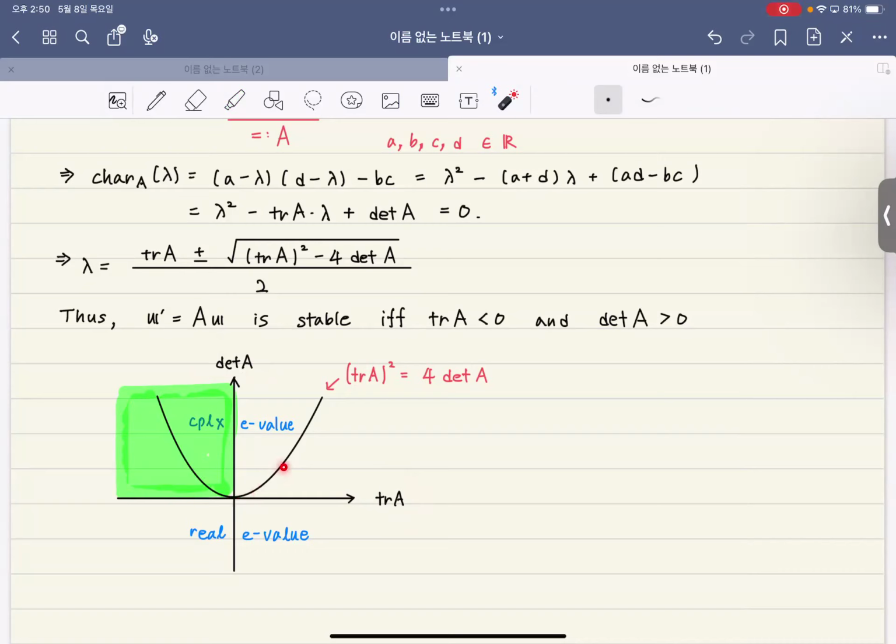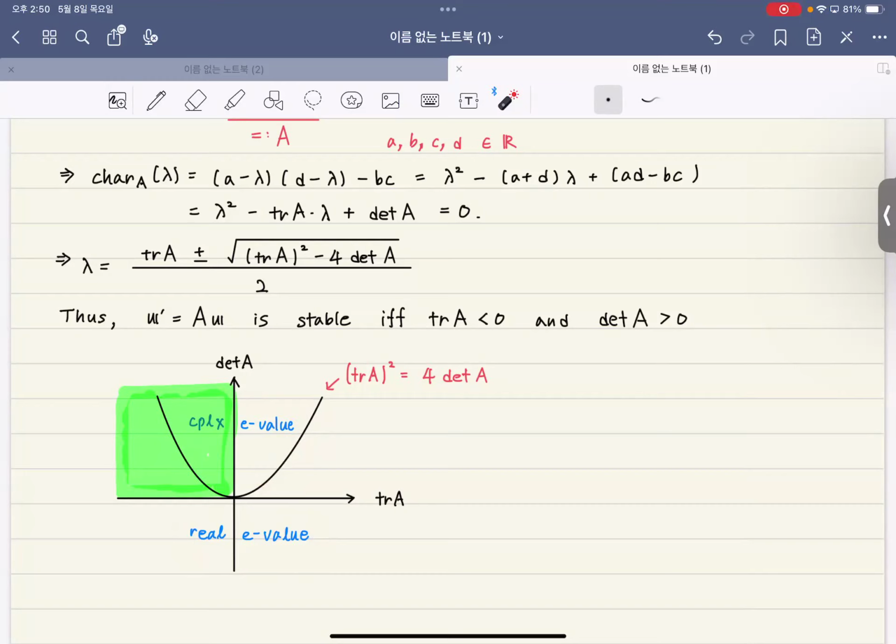And this parabola means the trace of A squared is precisely 4 times the determinant of A. So every point on this parabola means the discriminant equals 0, right? Any point above this parabola means complex eigenvalues, and any point below this parabola means real eigenvalues, right?